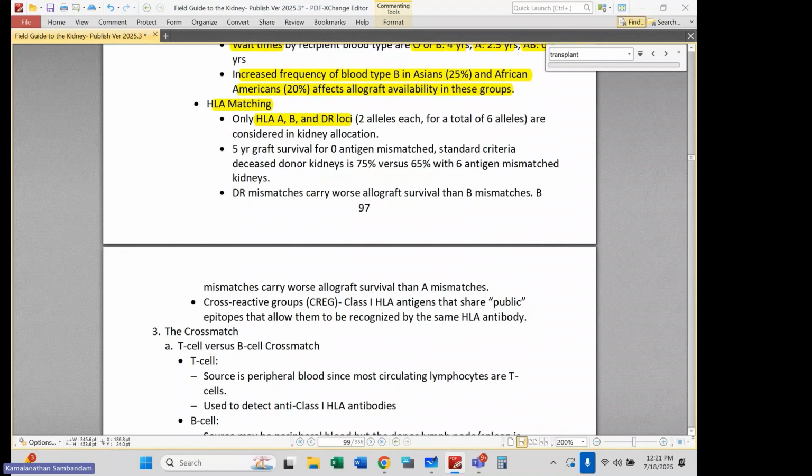Now, for each one of these HLA loci, remember, you have 2 alleles, one that you got from mom, one that you got from dad.